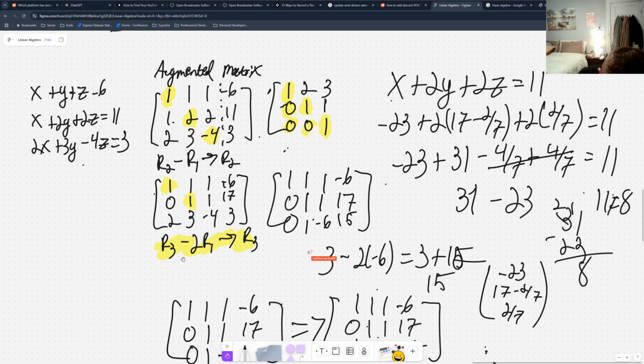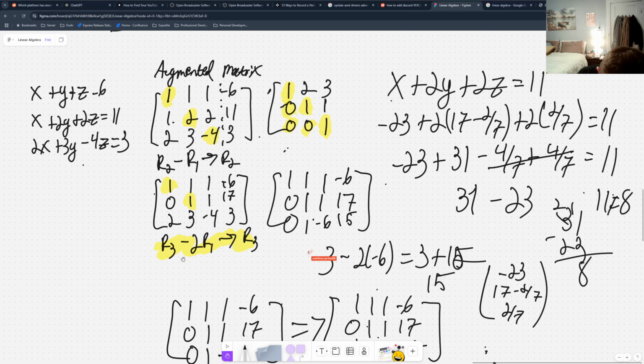Negative 4 minus 2 times 1 is negative 6. 15 minus 2 times negative 12, negative 6, is 15. 1 minus 1 is 0.